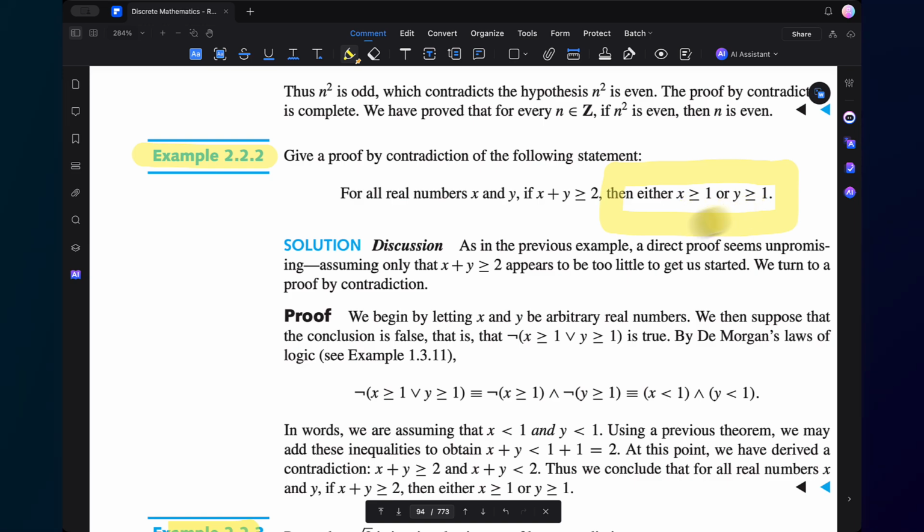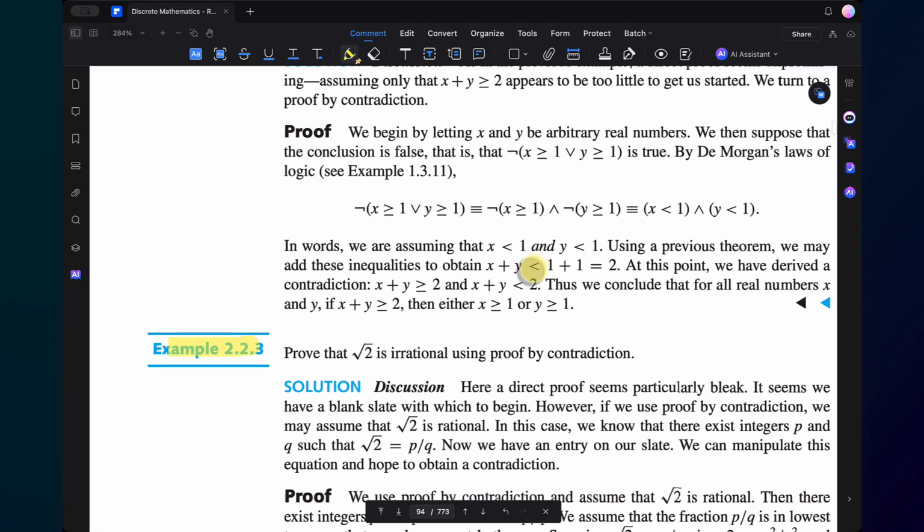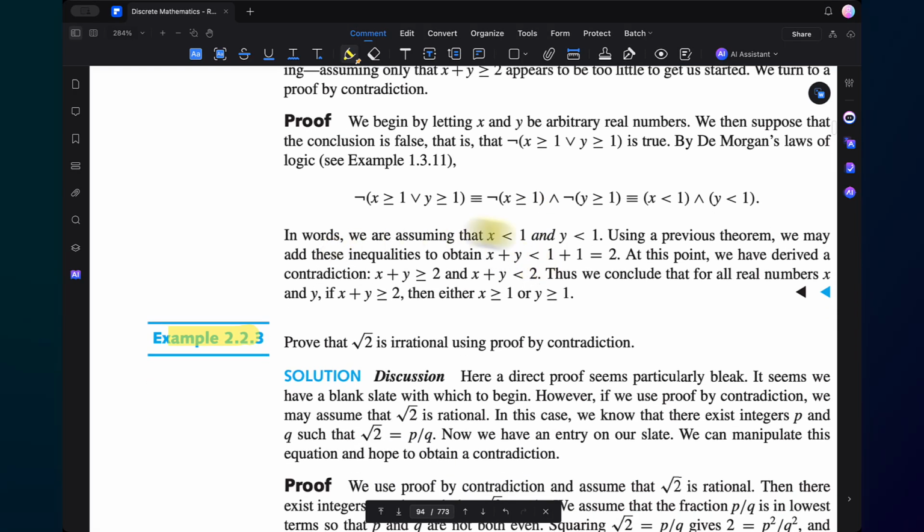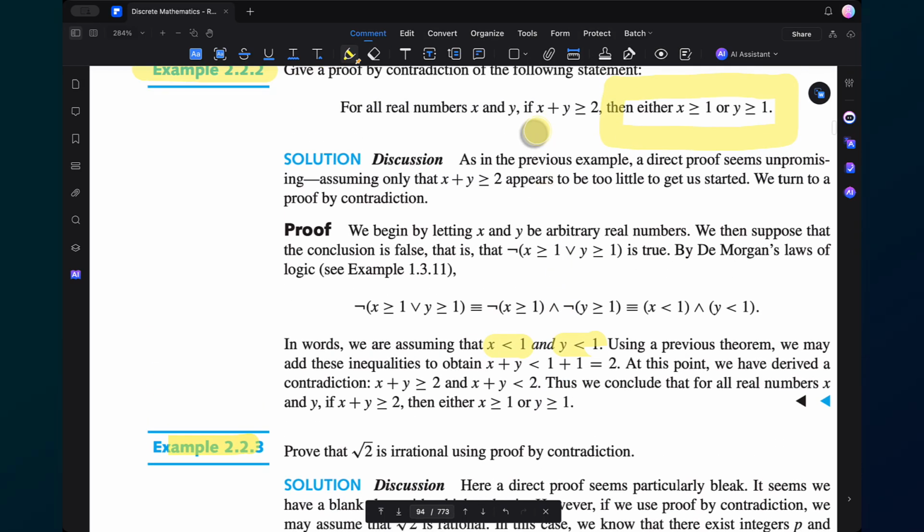Okay? Well then, let's see. If you take x less than 1 and y less than 1, then if we add x plus y, that's less than 1 plus 1, which is equal to 2. But our assumption here is that x plus y is bigger than or equal to 2.